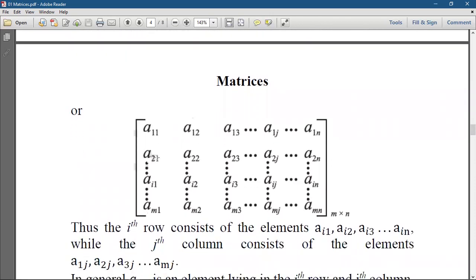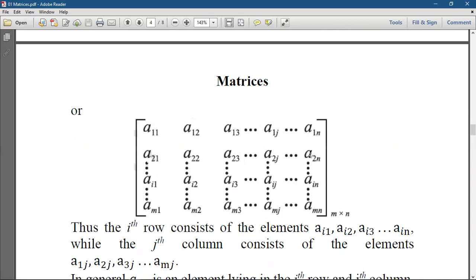Similarly, a21 is second row first column, a22 second row second column, a23 second row third column, dot dot dot, a2j second row jth column, dot dot dot, a2n second row nth column.